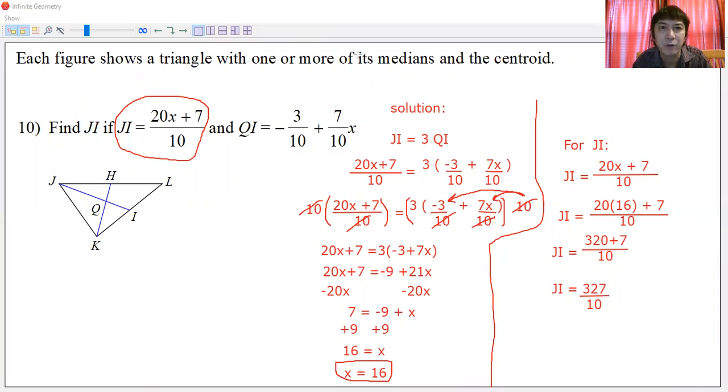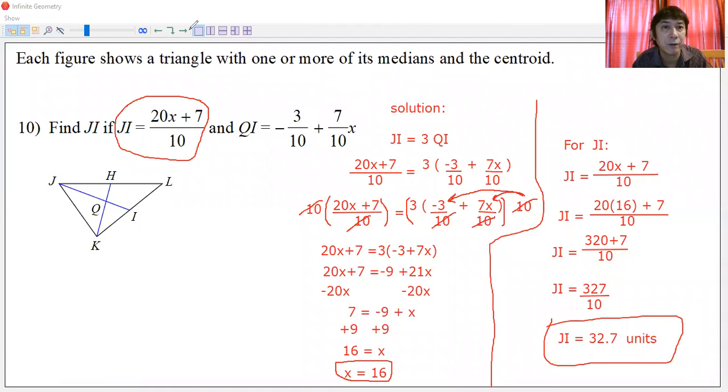And then we have the final answer. That's 32.7. So JI is equal to 32.7 units. There. And that's it. All right, so that will be our answer.